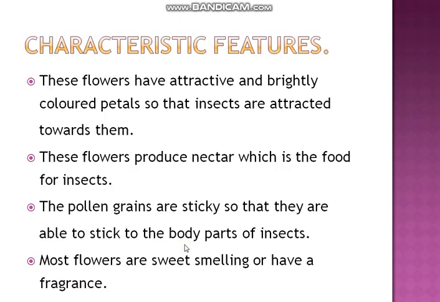Then what are the characteristic features of insect pollination? These flowers have attractive and brightly colored petals to attract insects. These flowers produce nectar, which is the food for insects.